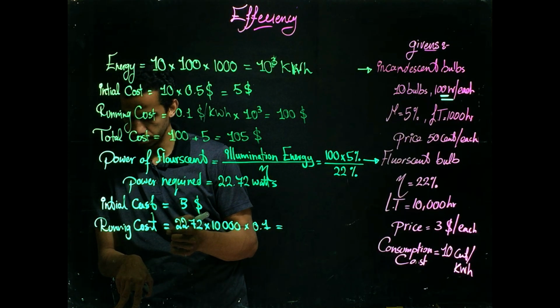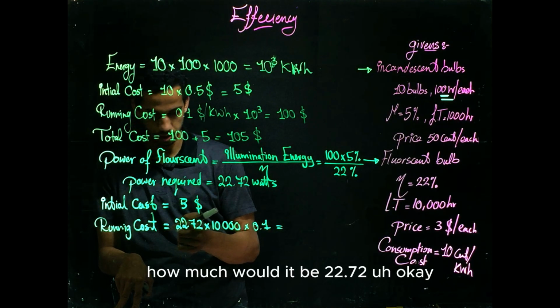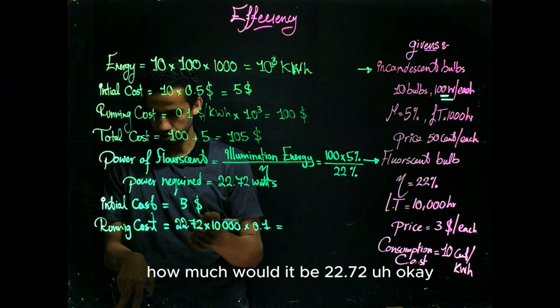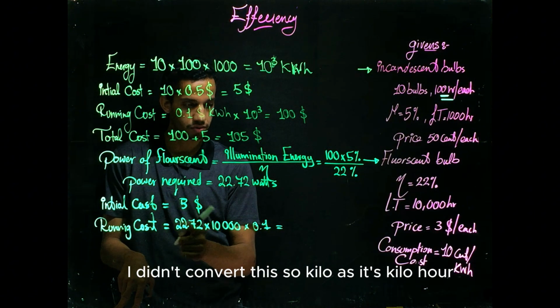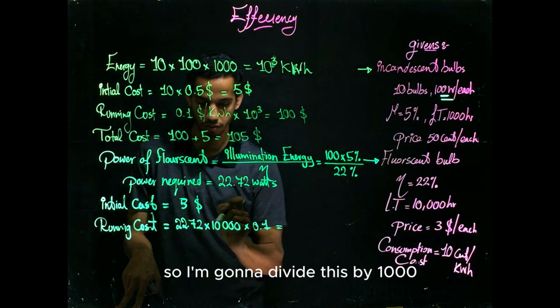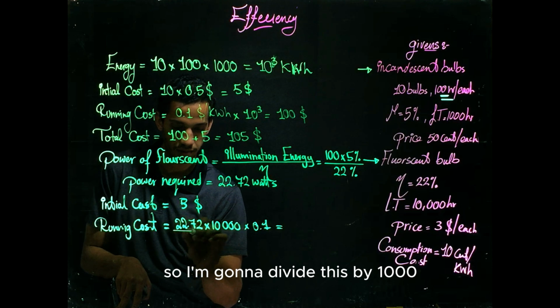Is it right? How much would it be? 22.72. Okay, I didn't convert this to kilowatt as it's kilowatt hours, so I'm gonna divide this by 1,000.